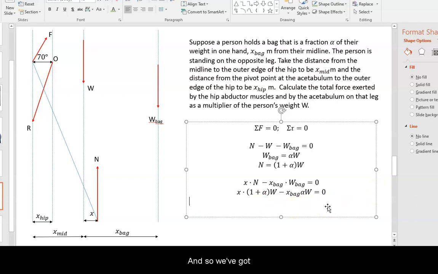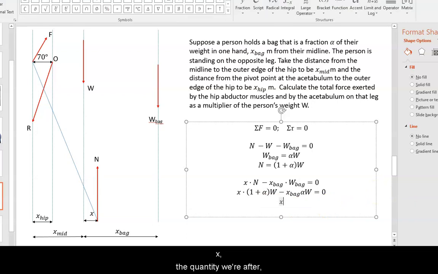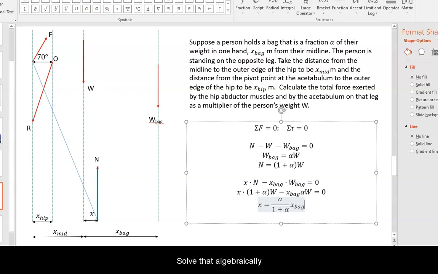And so we've got x, the quantity we're after: where do you have to put your foot equals alpha over 1 plus alpha onto x bag. We solve that algebraically, and we get x is alpha over 1 plus alpha onto x bag. And that tells us where your foot is.